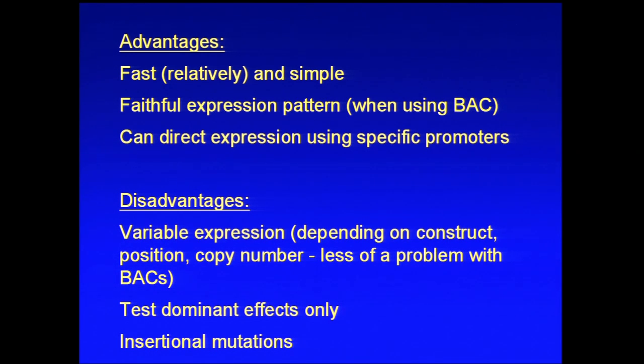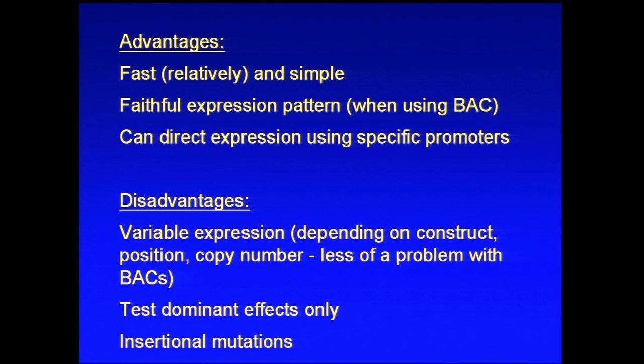There are disadvantages, and one is that these things are being randomly put into the genome. They are put in as concatemers, so you have different numbers of transgenes in your transgenic. The expression isn't necessarily proportionate to the number of genes.